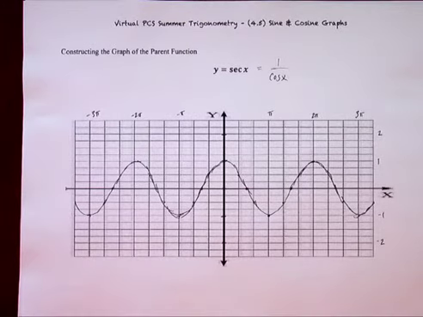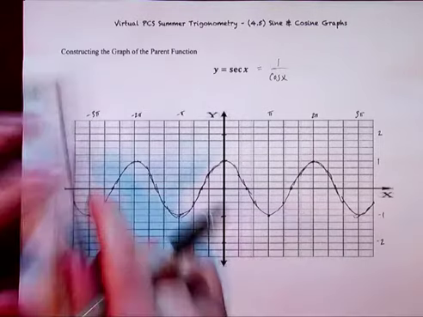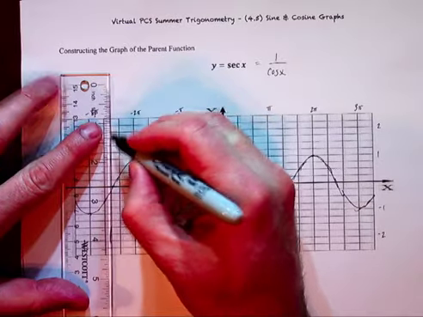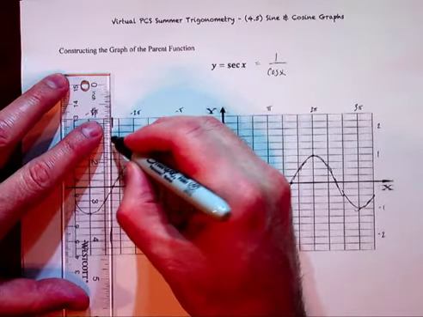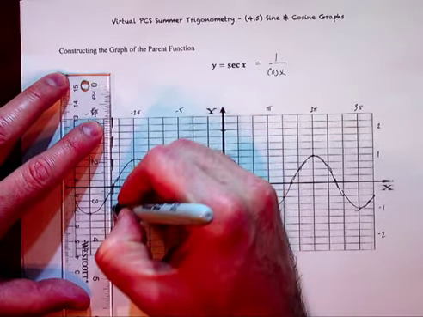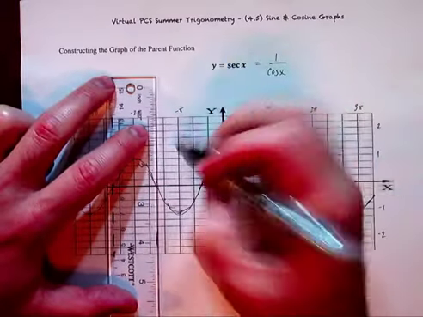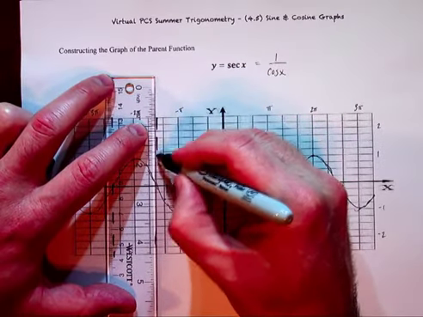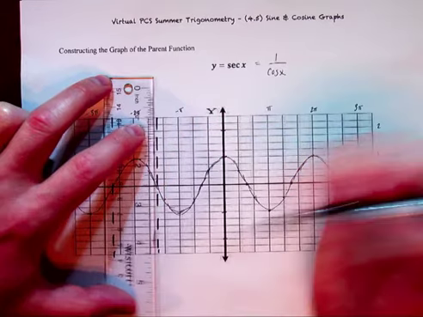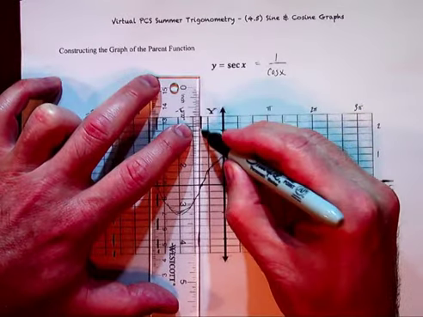But like tangent, we have cosine in the denominator, and we know, no matter what the numerator is, that when we have a 0 in the denominator, it's undefined, and therefore we're going to have asymptotes everywhere where cosine is equal to 0.